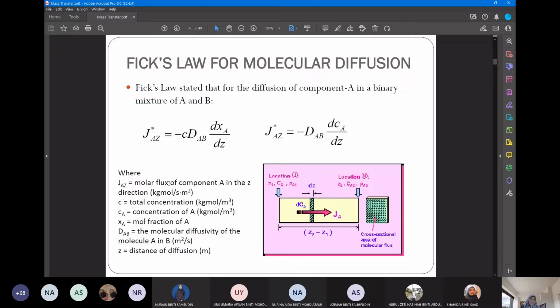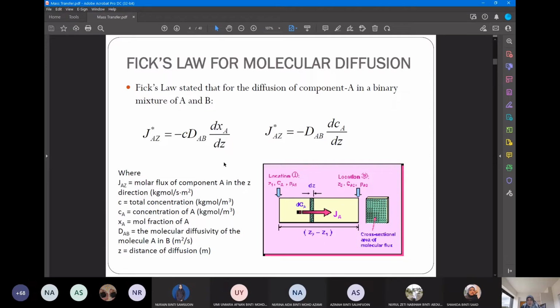So when there is a concentration gradient, it reflects to the mole or molar. So when you want to calculate the strength, it is molar flux. That is how you look at these two terms, mole fraction terms and concentration terms.